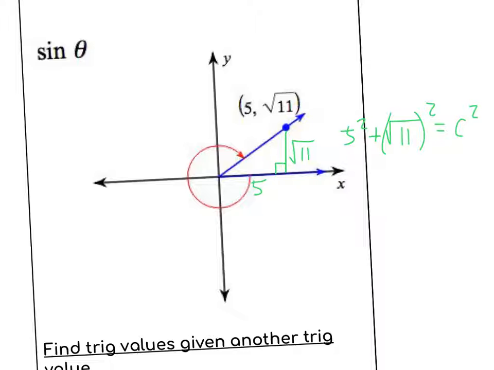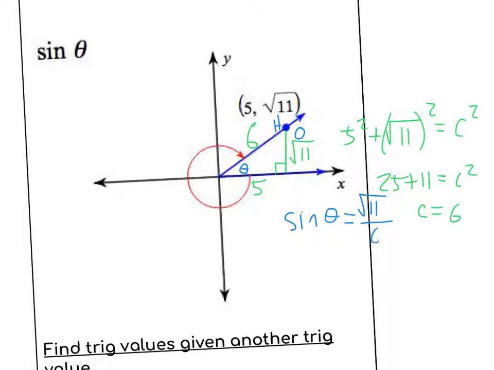So we get 25 plus 11 is equal to c squared. That means that c is going to be 6. Now, sine is going to be the opposite divided by the hypotenuse, which is the square root of 11 divided by 6.